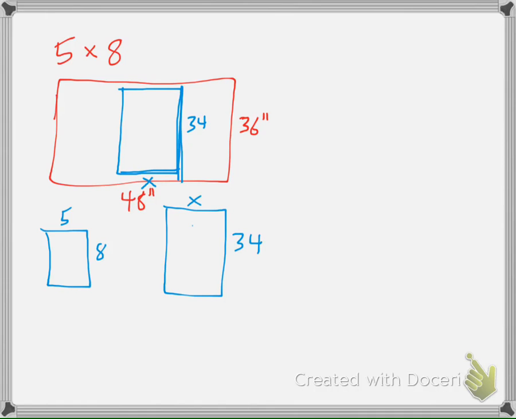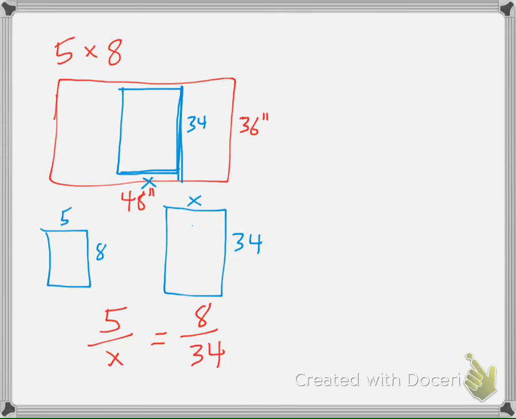So now I have similar figures. 5 compares to X, right? Because 5 is the short side and X is the short side of this picture. And then 8 compares to 34.